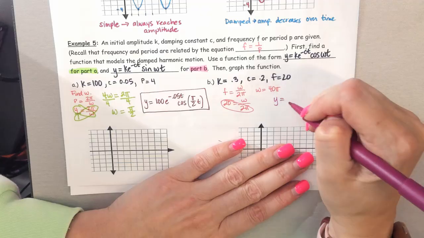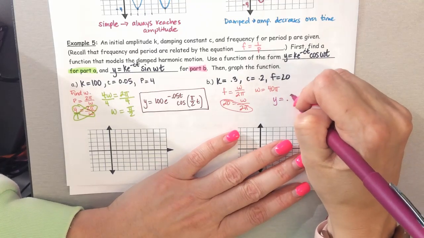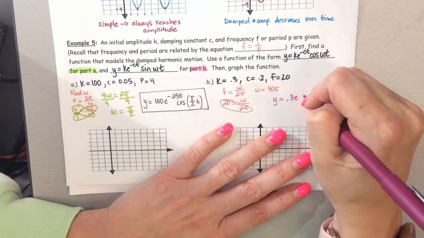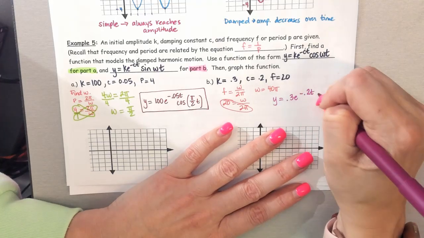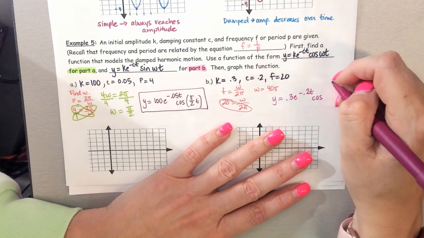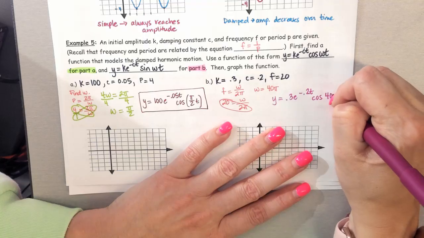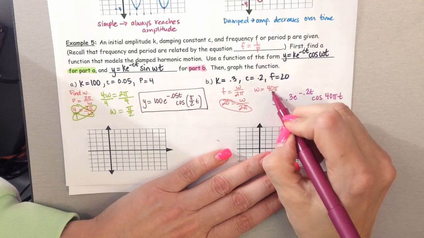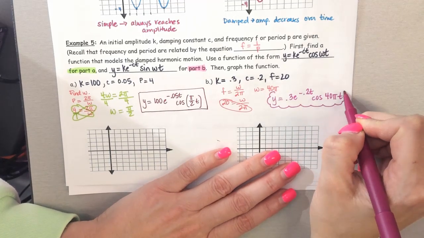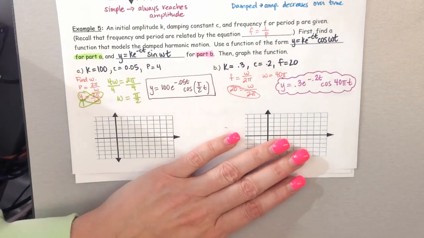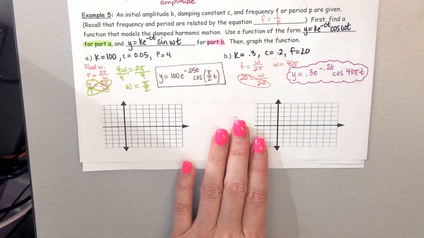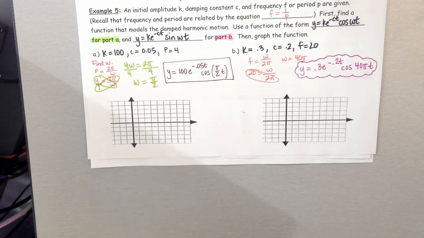So y equals 0.3 e to the negative 0.2t cosine of 40 pi t. All right, and then from there, we're going to do our graphs.